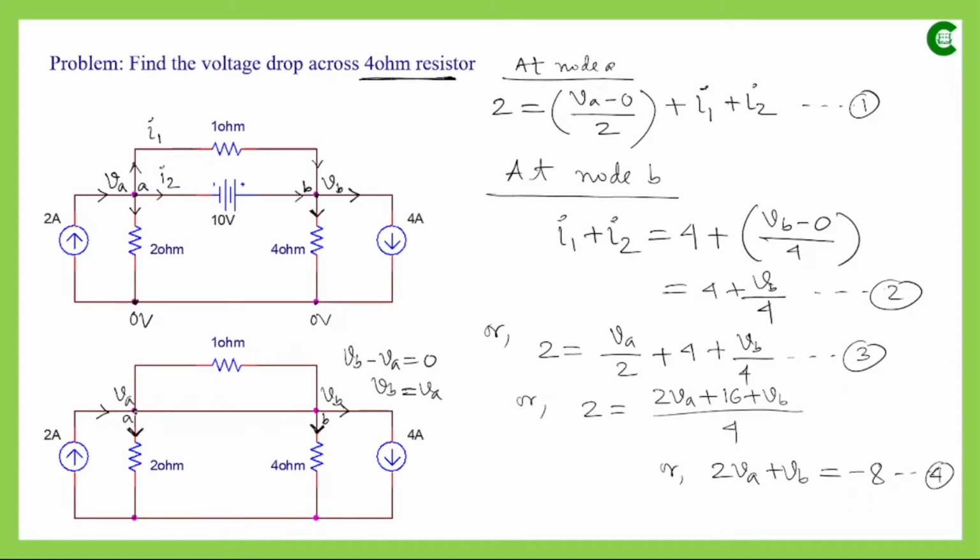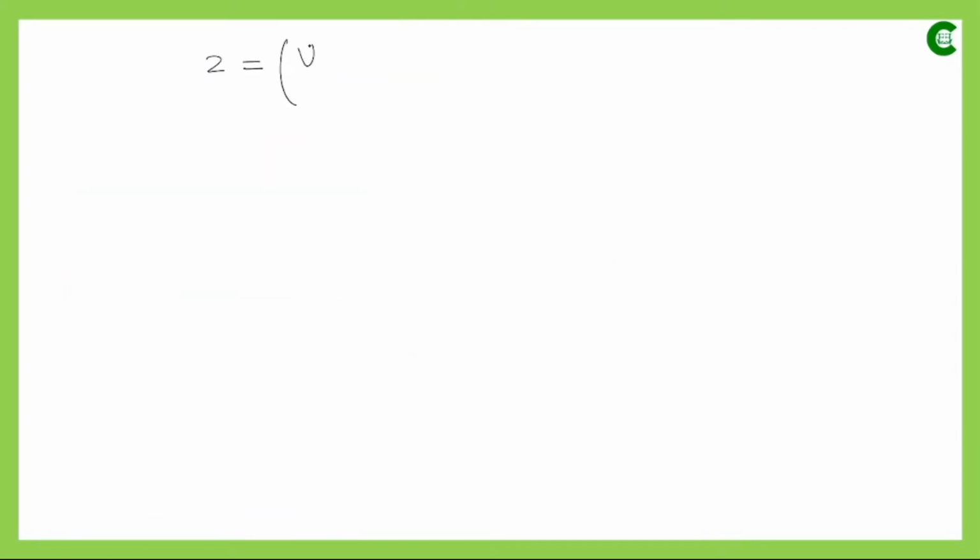So here the potential of this node will be taken as VA, and the potential of this node will be taken as VB, and based on those variables we will be forming the new KCL equation by applying the concept of supernode. When we find the current value through this 2 ohm resistor, it will be VA minus 0 divided by 2, and this is the outgoing current.